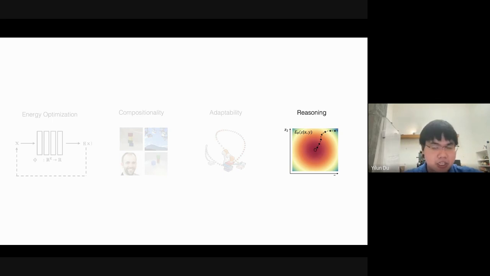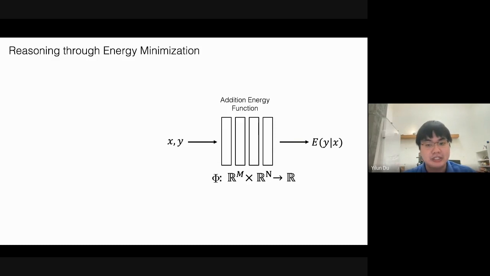And the big idea here is that when your data distribution changes, like maybe at test time you see a different problem that you haven't seen before, you can simply run a more complicated optimization procedure on this new energy function. It's assuming that your energy function does generalize to this more complicated domain, which generally, I'll show some experiments, it seems like it does. This iterative computation gives you a way to adapt to distribution shift, or mitigate it to some extent.